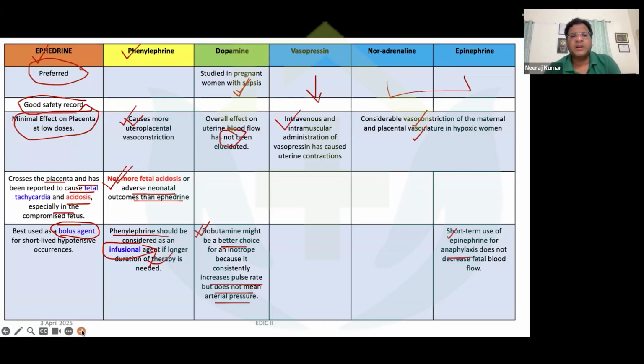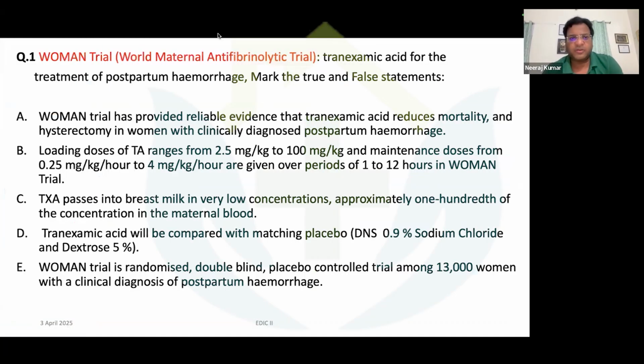Now coming to the next important question. All of you, just be ready, and you can mark which statement is true and which statement is false. Just write the answers in the chat box.